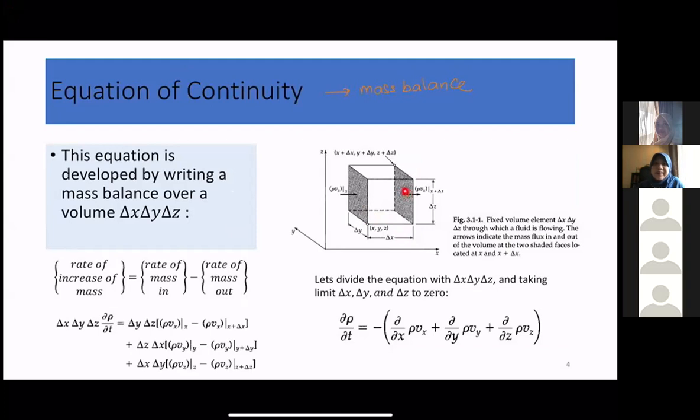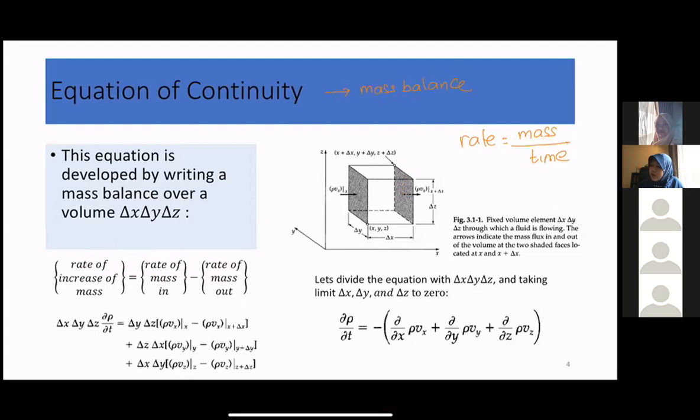So we know that in a mass balance, the mass in minus mass out is equal to the accumulation of mass, right? And then let's talk not only about the mass but actually the rate. The rate is actually mass divided by time, so we talk about time over here.